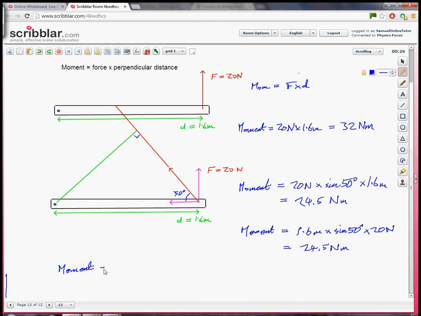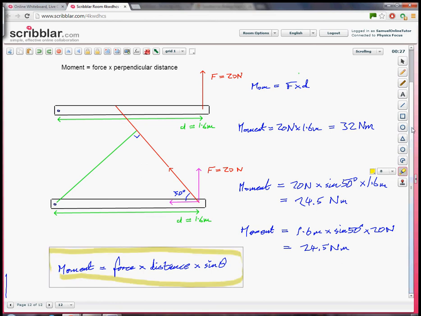Moment of a force equals size of the force times the distance from the pivot, the actual distance from the pivot to the point of action of the force, times sine of the angle between them. Doesn't matter whether you work it out this way or that way, that's the general formula, just there. So, whichever way you find easiest to work out, you should always arrive at the same answer.